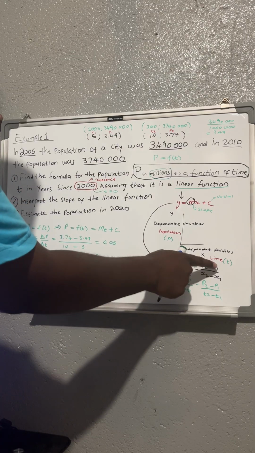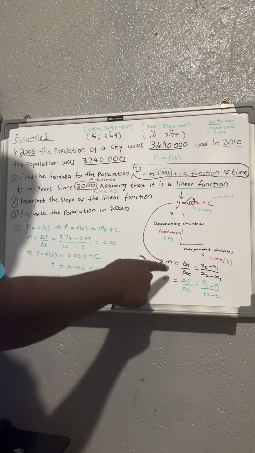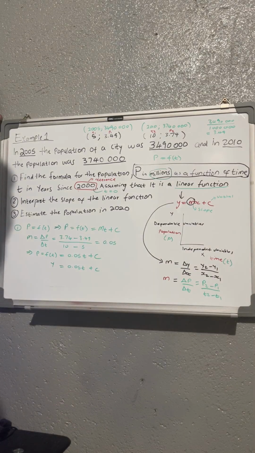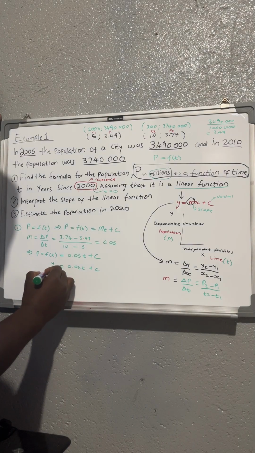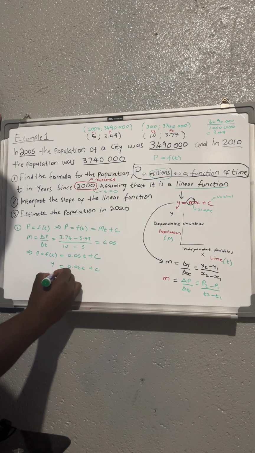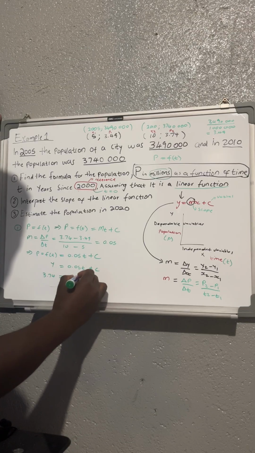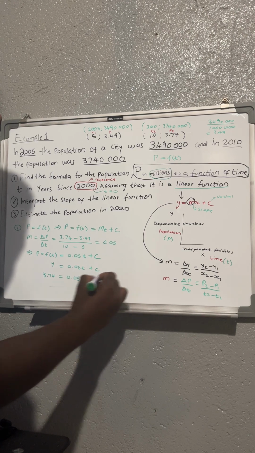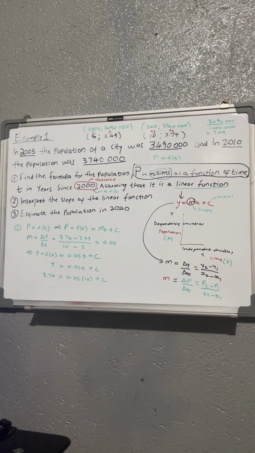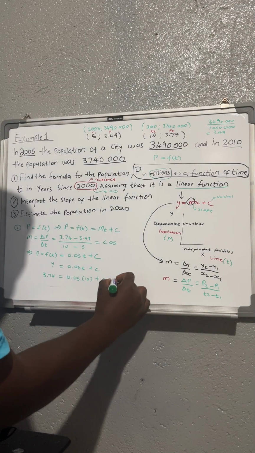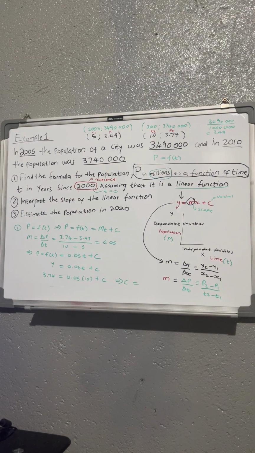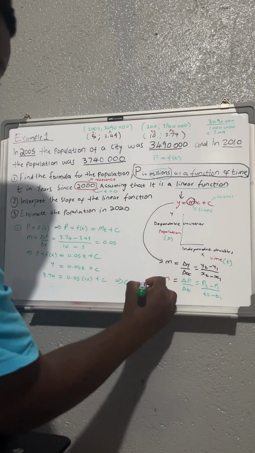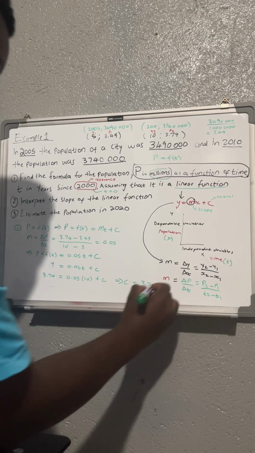T2 is X, then P2 is my Y. Then you will say you have 3.74 is equal to your 0.05, multiplied by T, which is 10, plus your C. Then you will find out that your C will be 3.24.